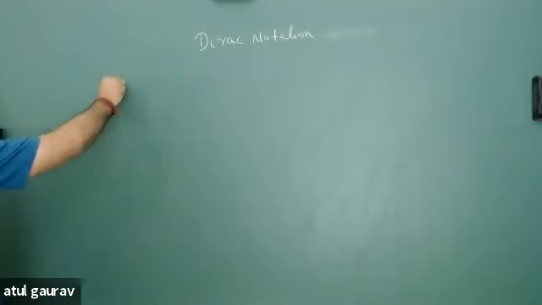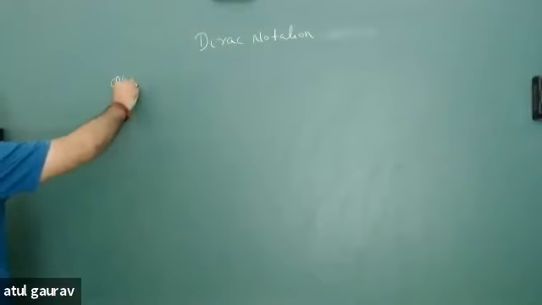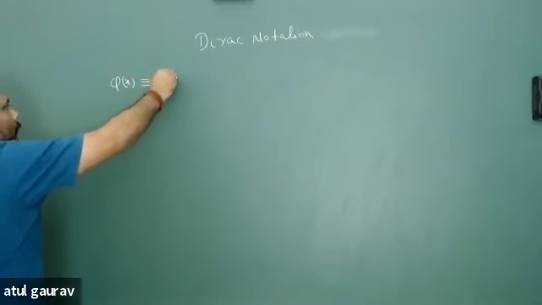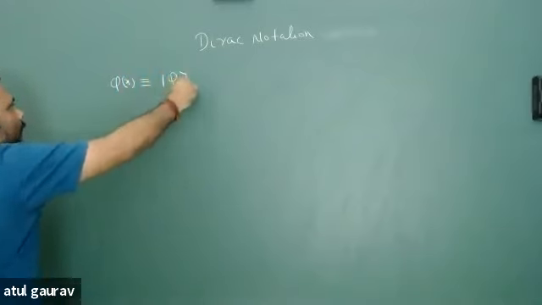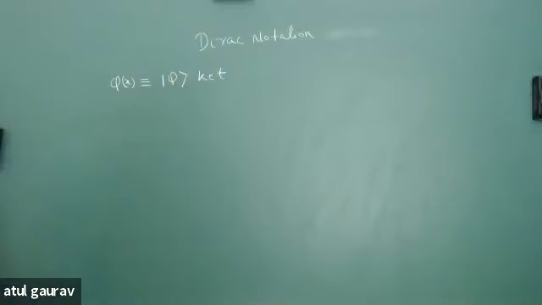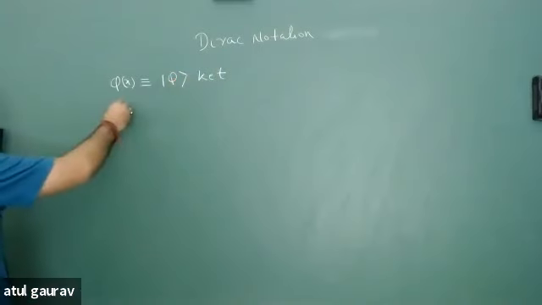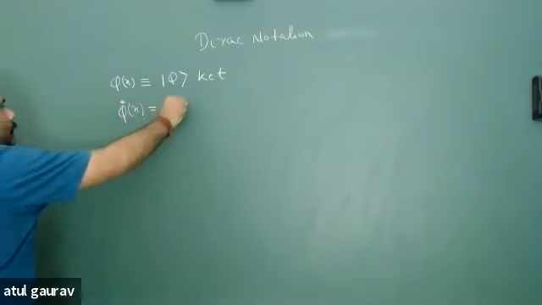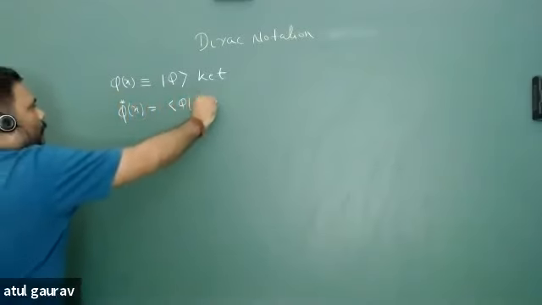If any function belongs to Hilbert space, it can be written as a ket. And if we are talking about the complex conjugate of phi(x), then this will be treated as a bra.